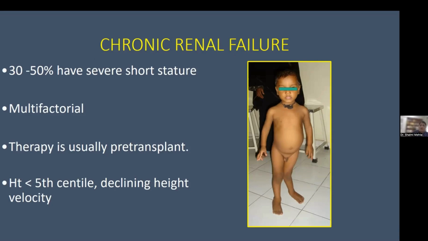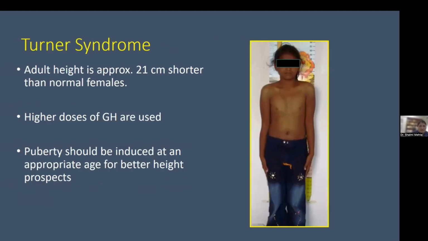Preferably, you start the treatment before the child gets a transplant, and when you're noticing that the child is having a declining height velocity. So we have so many of our kids with CKD who are on growth hormone treatment now, and they are definitely catching up on their height. And so when they get a transplant, the quality of life is definitely much better.